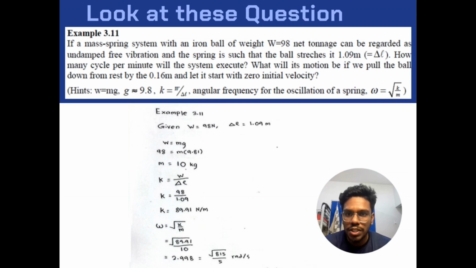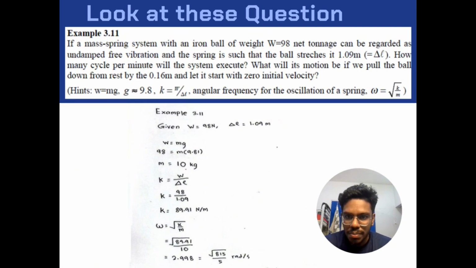To find the spring constant, k equals W over delta L, so 98 over 1.09 gives 89.91 Newton per meter. To find the angular frequency, omega equals square root of k over m.